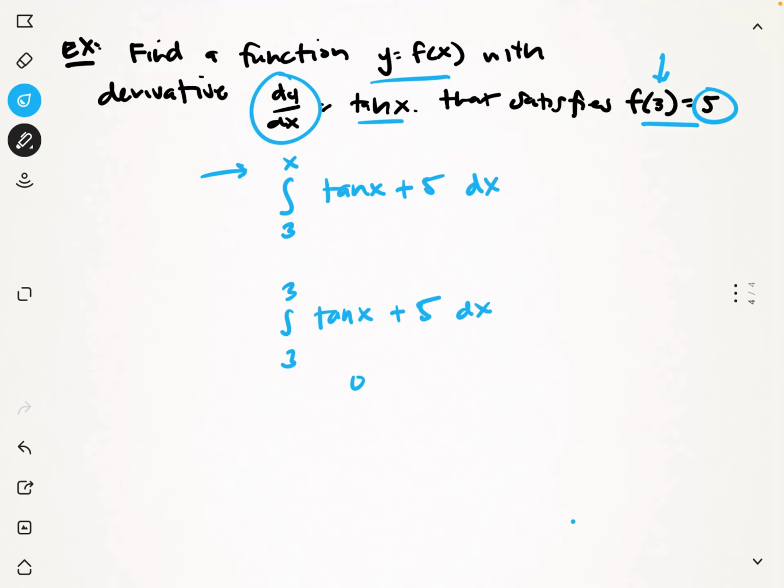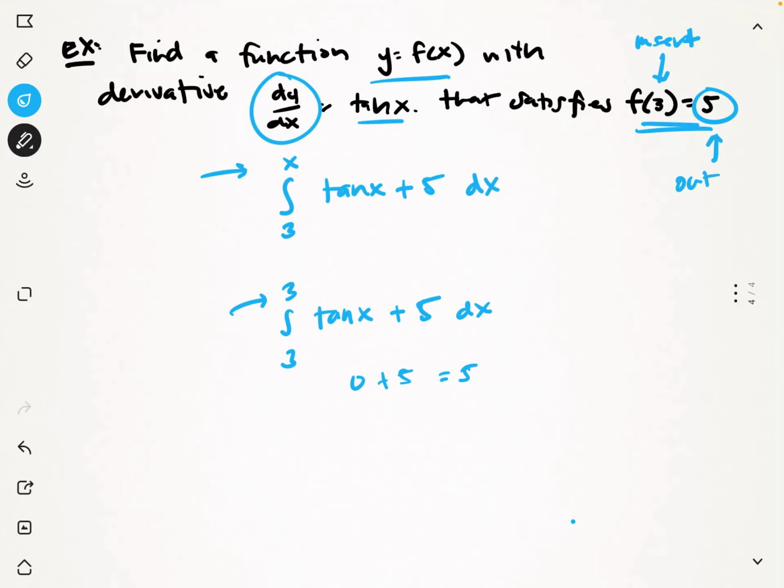And then when we get our 5, 0 plus 5 is 5. So it satisfies this part because when we insert the 3 into our integral, then the whole tangent part becomes 0, and then we just have 5, which is what our output should be.